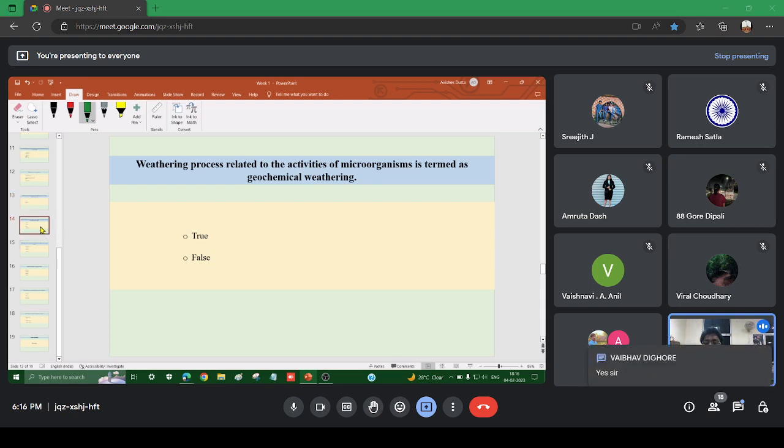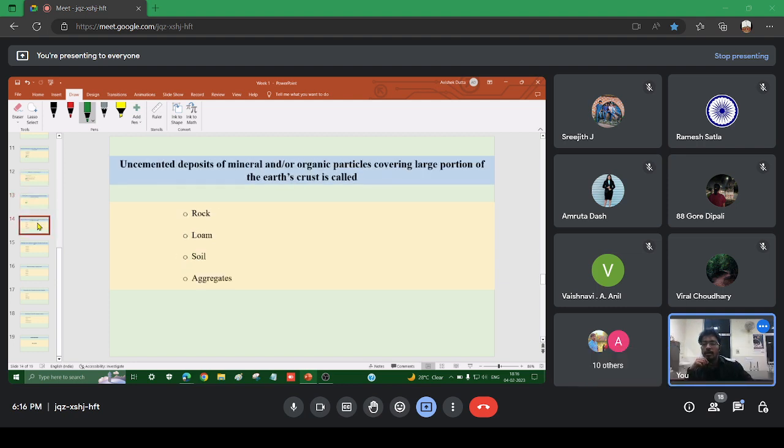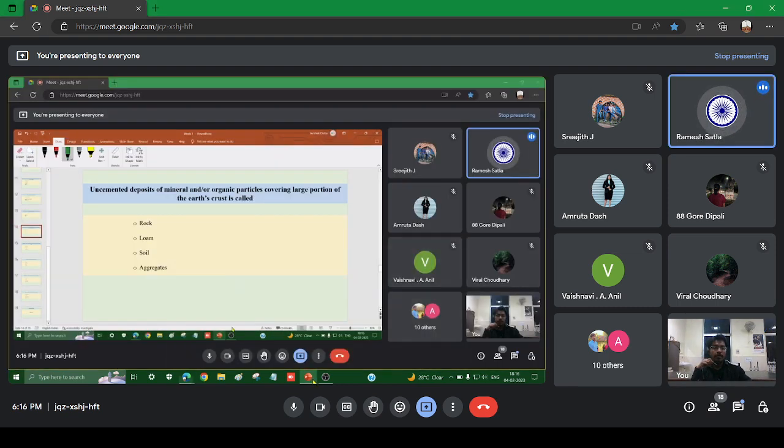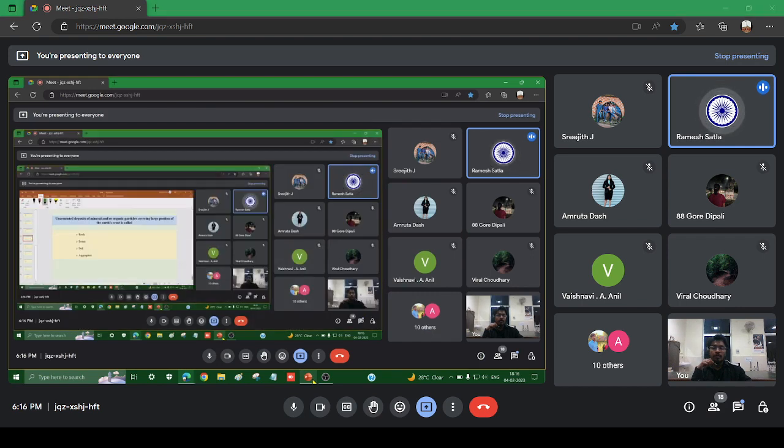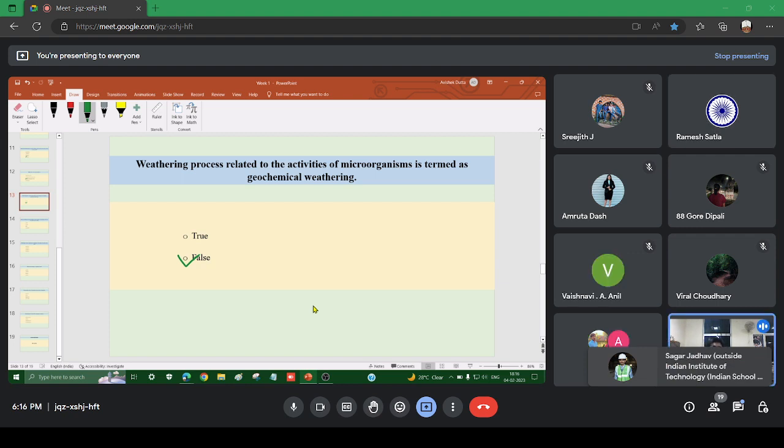Next question is, okay, this is false. Next question is, uncemented. Sir, for the previous question, is it simply termed as biological weathering, or can we add the word geo in front of it? No, it is simply called biological weathering, not geobiological weathering.